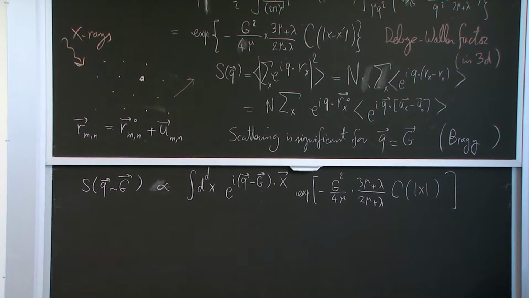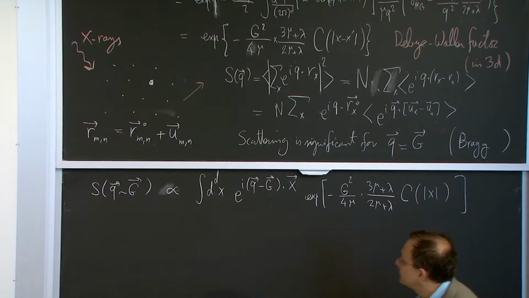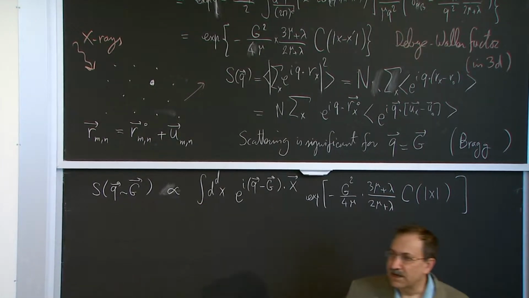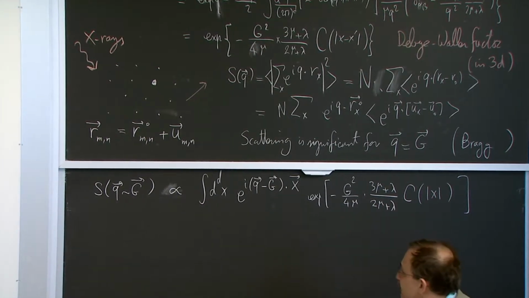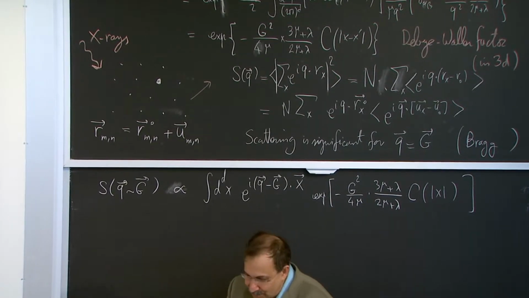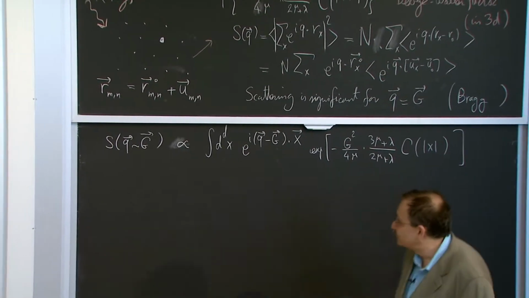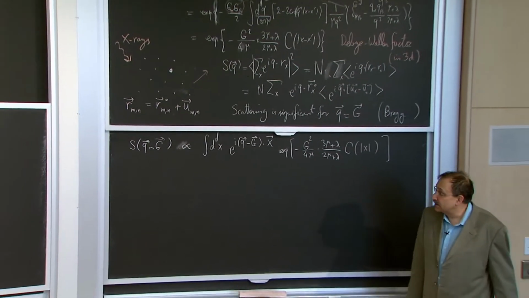Okay? Are you using an overall factor of m? That's why I wrote a proportionality, because what I'm really interested in is what you see, and what you see is how things are varying as a function of Q. Okay? So I'll tell you what the answer is.